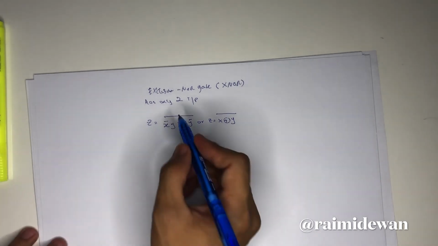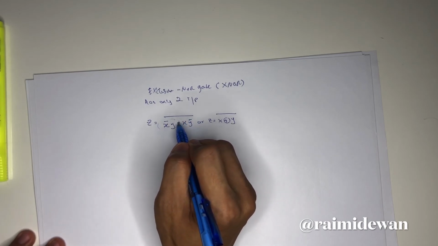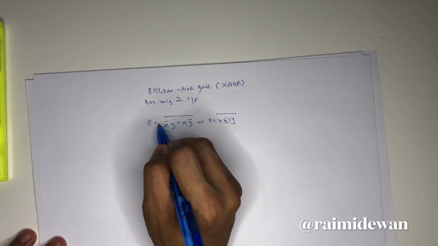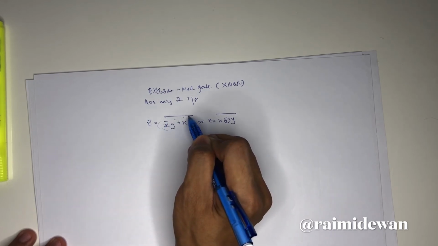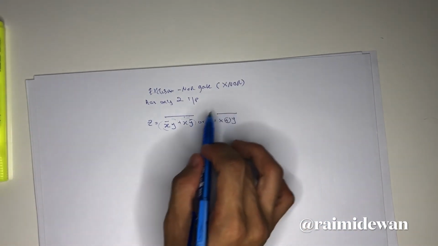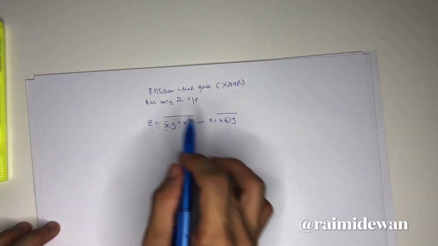So it is simple. This is your XOR, then you simply invert it. Whatever you have produced from here, you invert it as your final output. This one is the more compact form, and the other will help you understand what is actually happening.